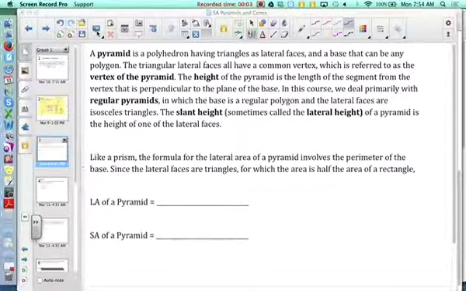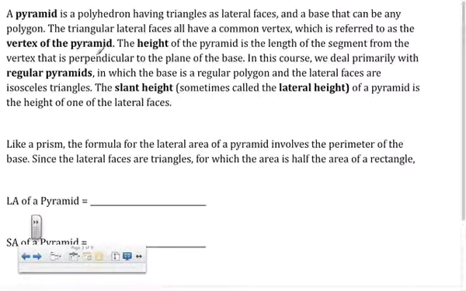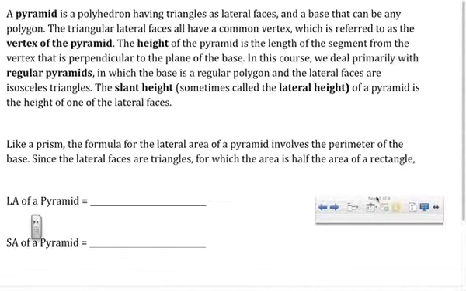Okay, I mentioned on Friday that the formulas for surface area and the formulas for volume tend to be very related when we're comparing a prism to a cylinder and when we're comparing a pyramid to a cone. So let us consider this pyramid.